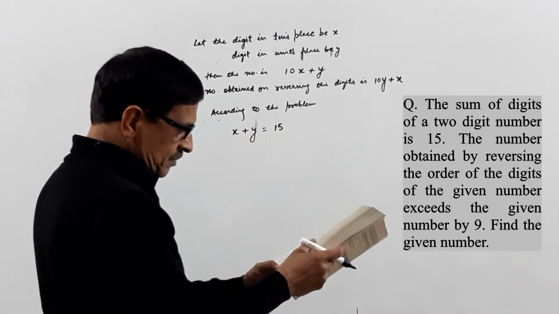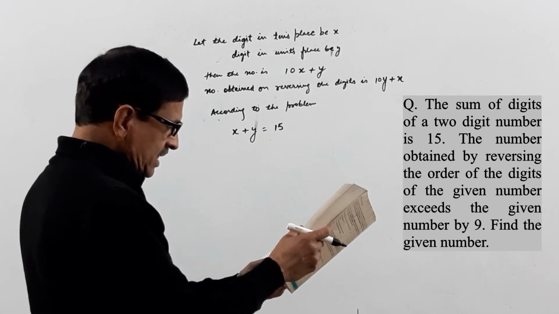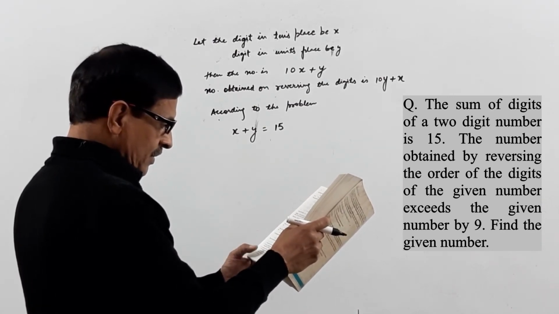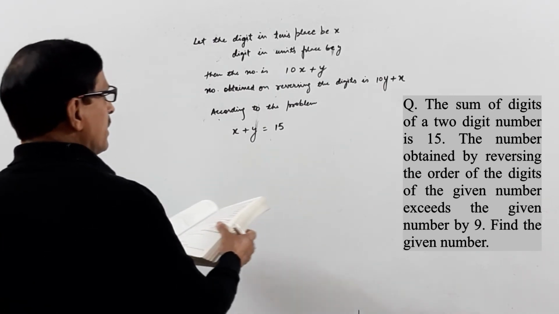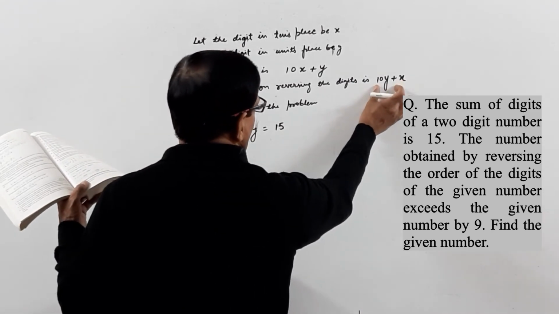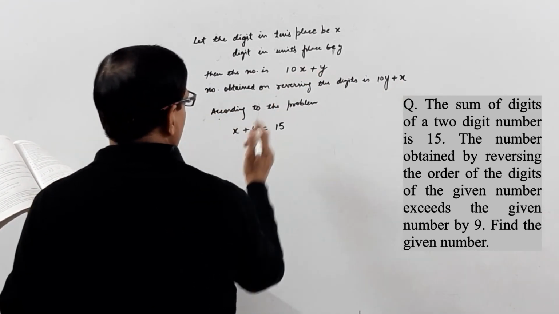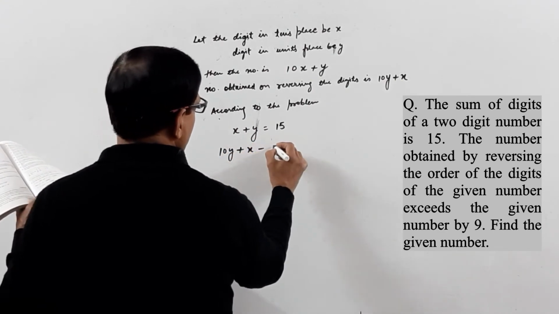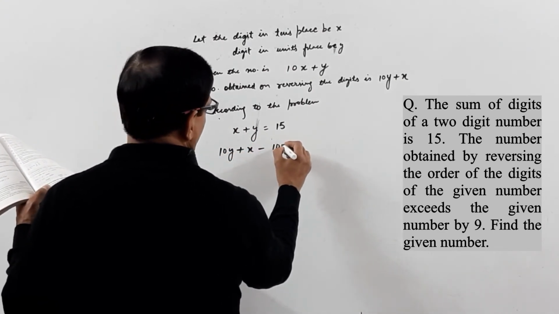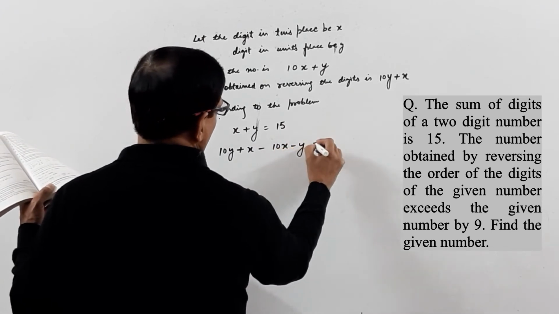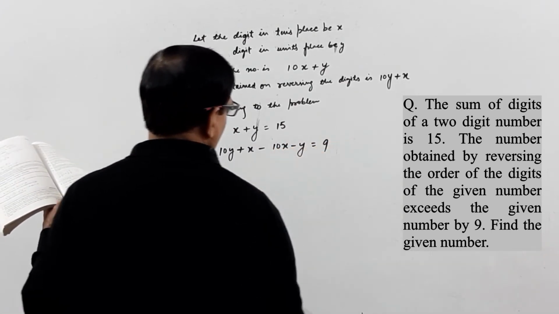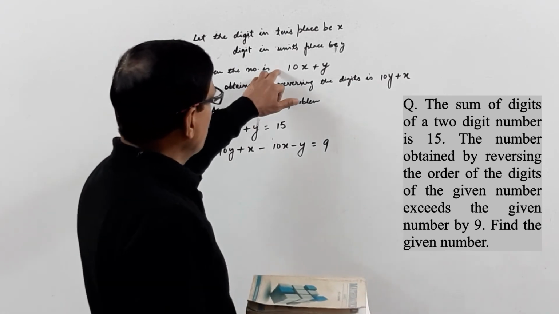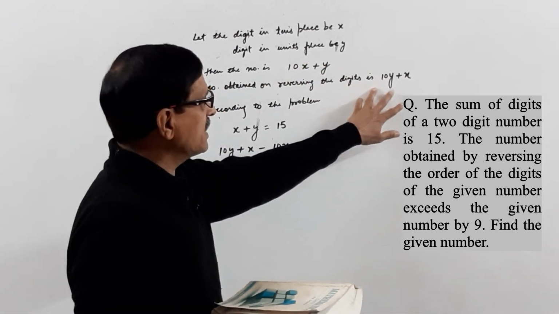The second condition, the number obtained by reversing the digits exceeds the given number by 9. It means this number exceeds this number by 9. So 10y plus x minus 10x minus y is equal to 9. So we subtract the original number from the number obtained by reversing the digits.